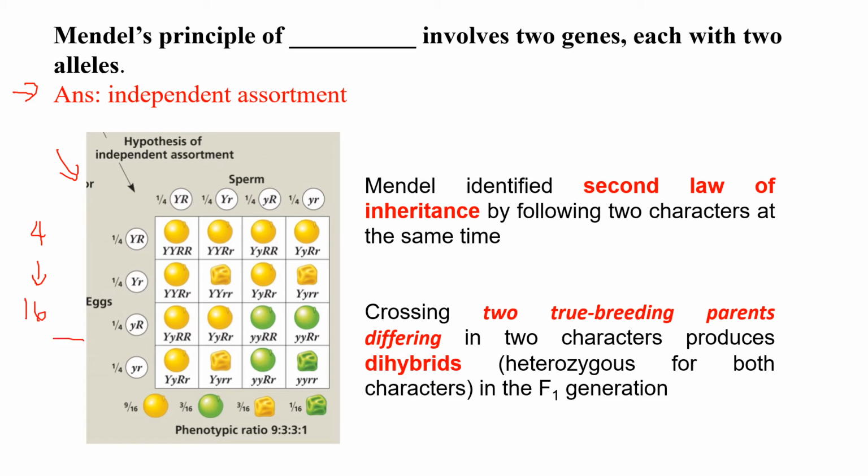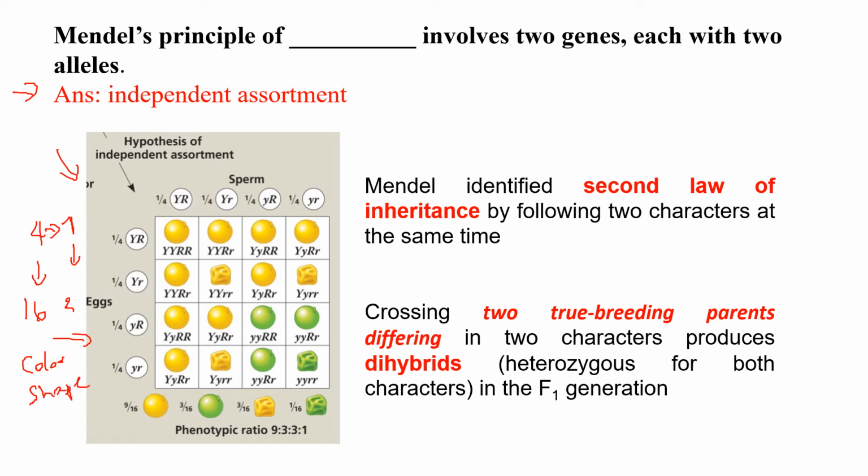And why does he have 16 options in this Punnett square? Because in his work he was following 1 trait before, and now he's following 2 traits. In this case, he's following the color of the seed, and also the shape, whether it's smooth or rough.